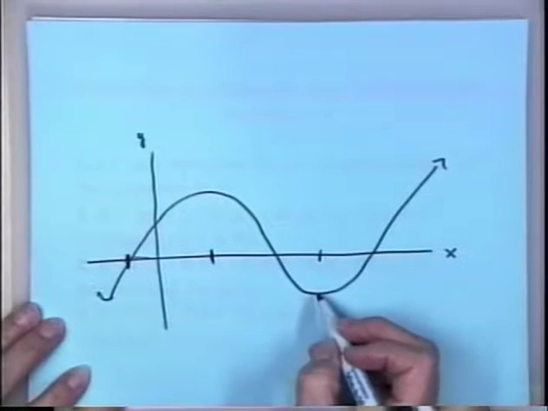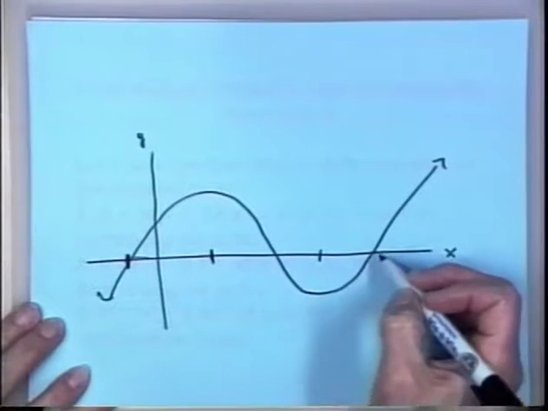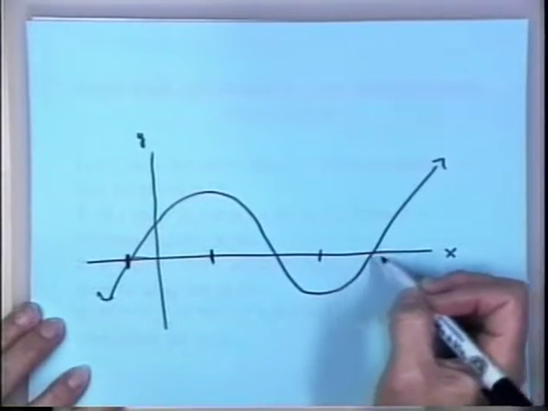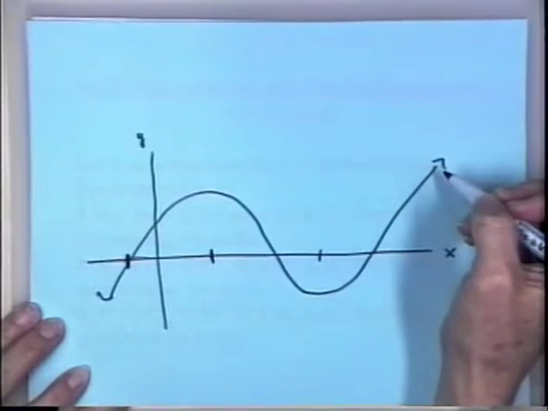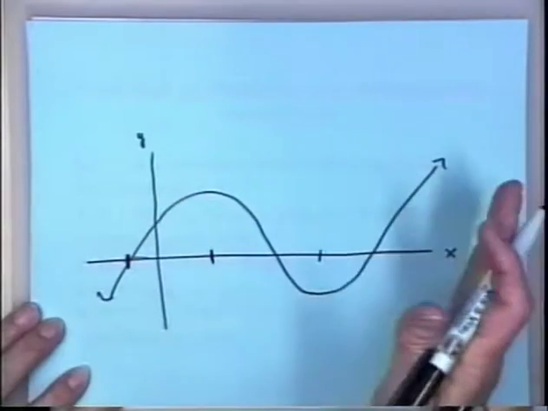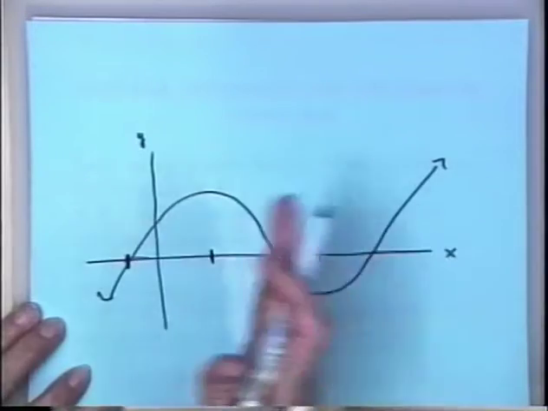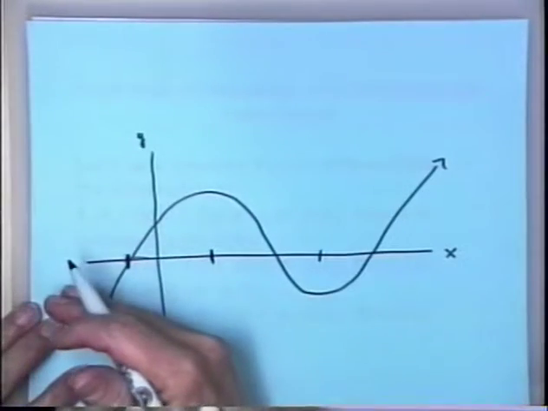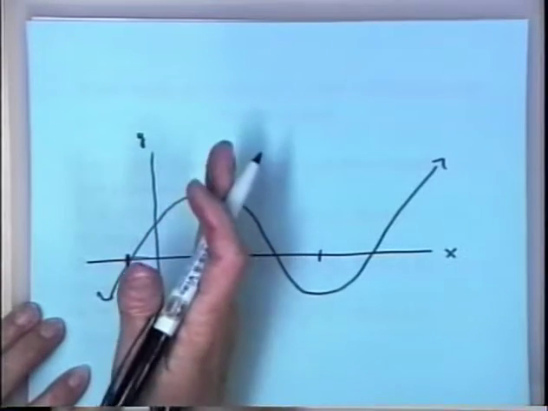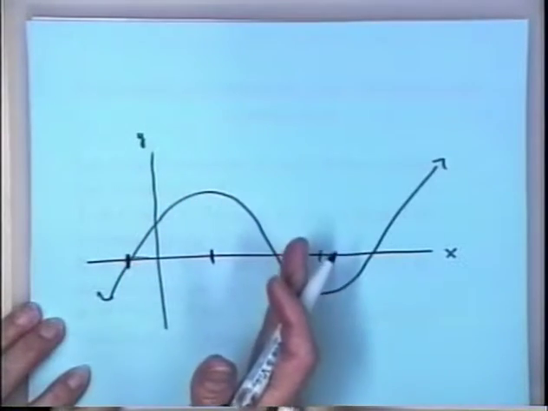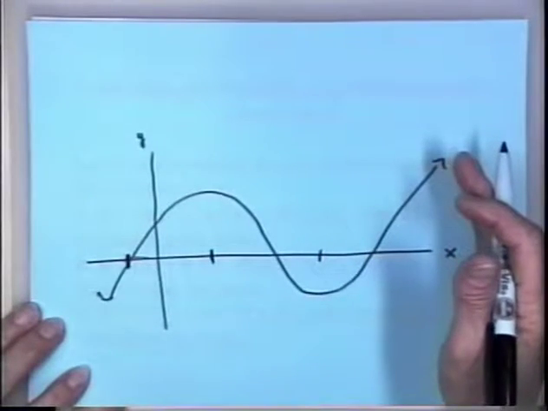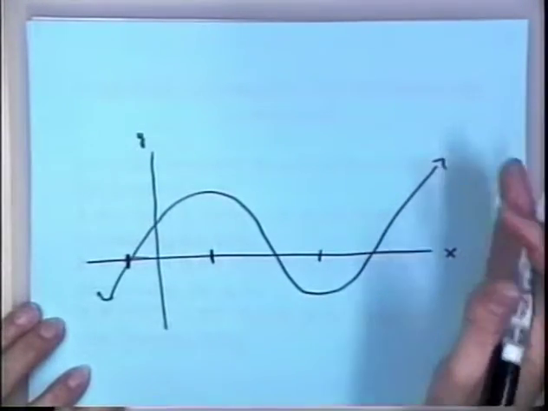Notice right along here, our graph starts going up again. So as we move from this x value this direction, our curve is increasing again. So again, it's really important, this idea of moving from left to right, just like you read a page of print. Our graph, first of all, is going up, so it's increasing. Then it's going down, so it's decreasing. And then finally it's going up again, so it's increasing. That's basically what that definition is telling you.